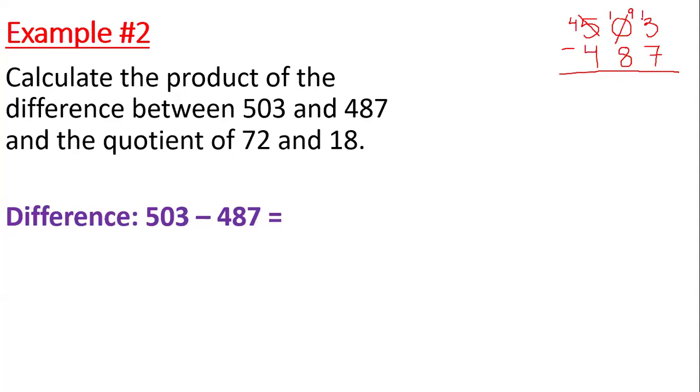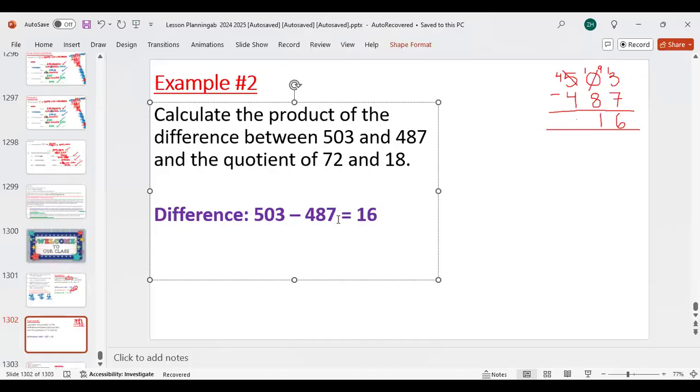This is 13. 13 minus 7 is what? 6. 9 minus 8 is what? 1. And 4 minus 4 is 0. So it's going to be equal to 16. That's the difference. Does that make sense to y'all? Yes, sir.